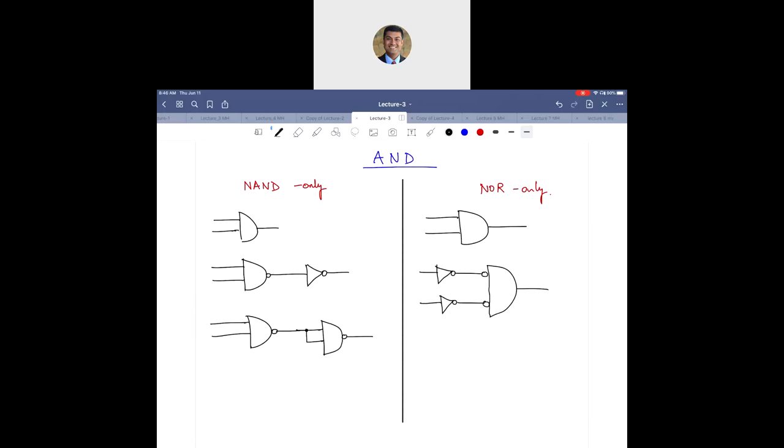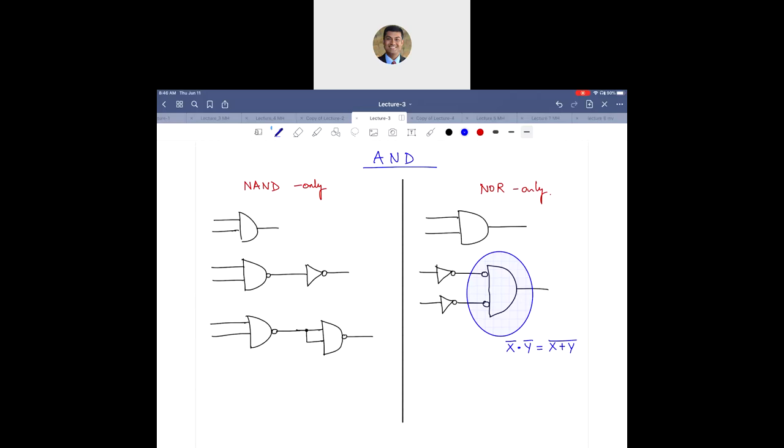Same AND gate, but I have added bubbles, two of them at a time on the two inputs. What is this guy? This is input complement and input complement, which equals X NOR Y. That's De Morgan's law.